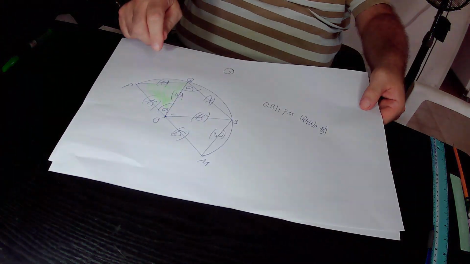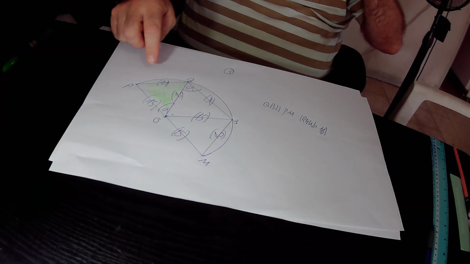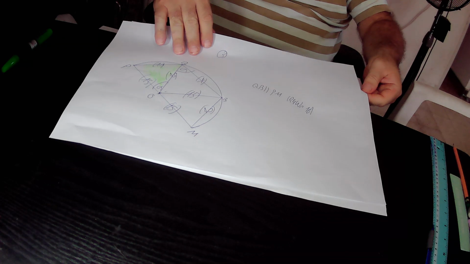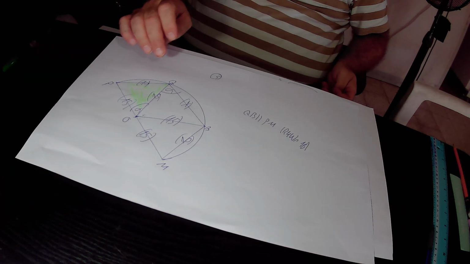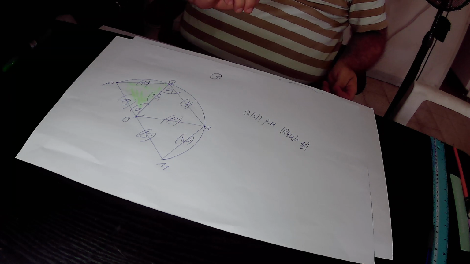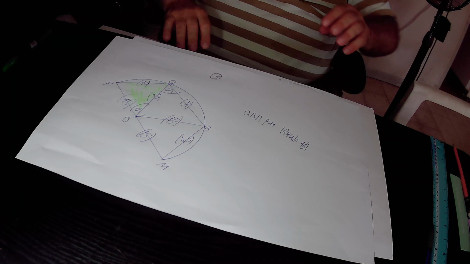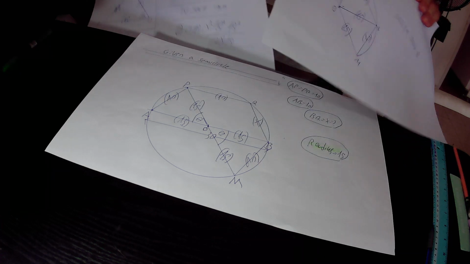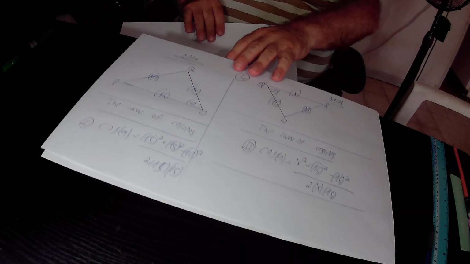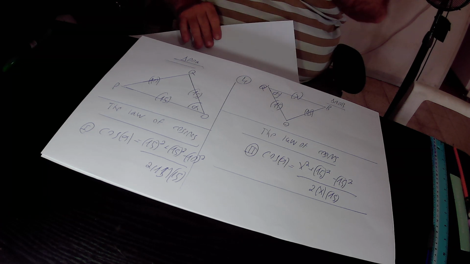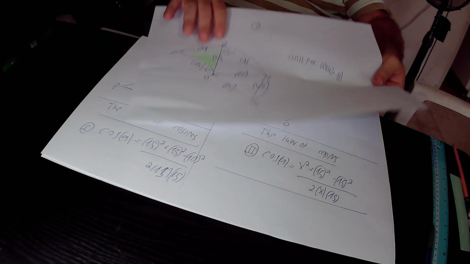So in the next step, we implemented the law of cosines in this triangle PQO. Go ahead and copy this triangle PQO in a new page. Here is the green triangle PQO from this drawing.